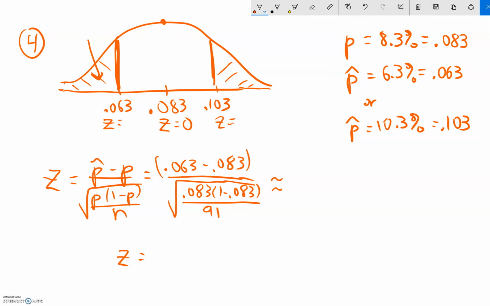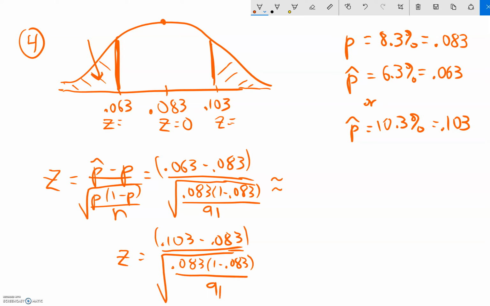And as far as the other z-value, again, I really want you to find that just as a check. The one on the top, the 0.063 minus 0.083 divided by the square root of 0.083 times 1 minus 0.083 over 91 is going to give us a z-value of, excuse me, negative 0.69.